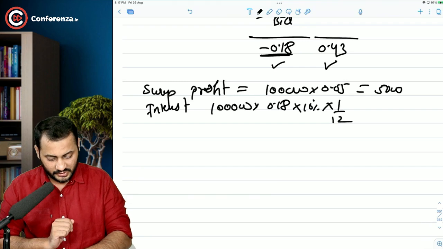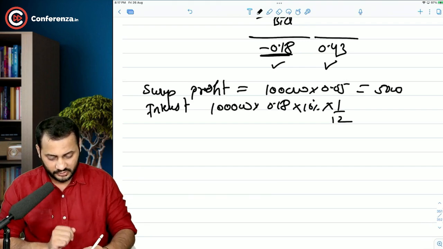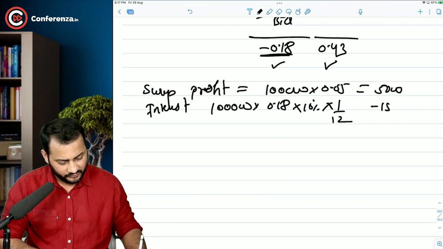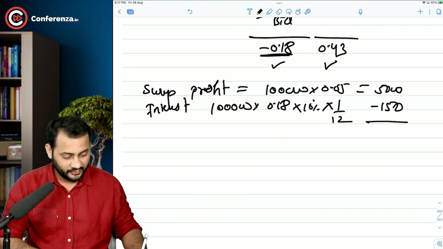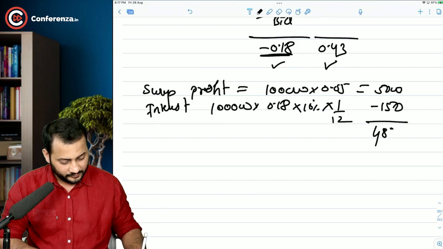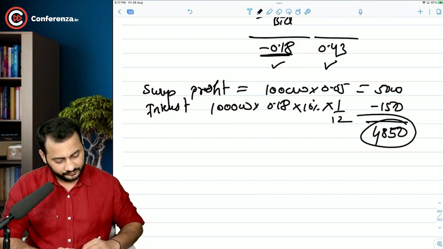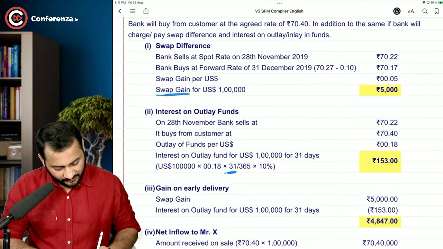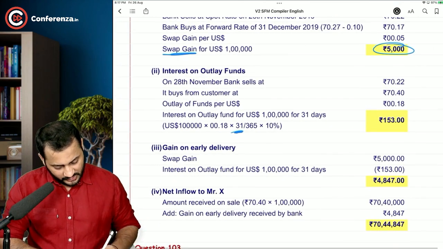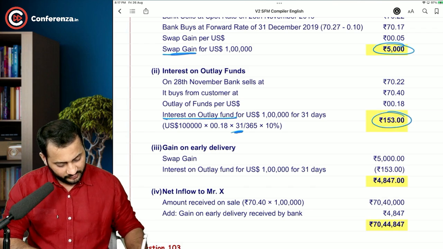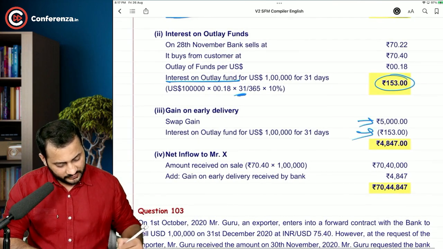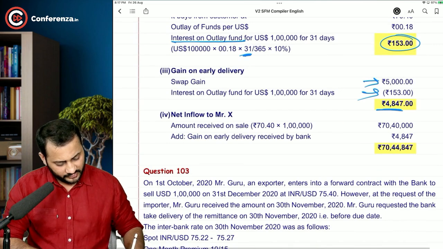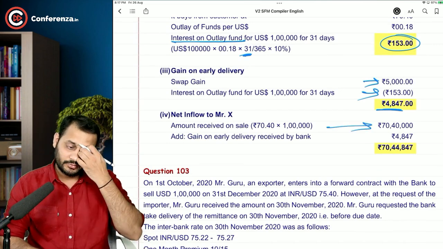So 1 lakh into 0.18 into 10% divided by 2. So that 150 rupees of the interest will be deducted out of the profit to be given to them. Have a look. 5,000 swap gain. Interest on outlay 153. So 5,000 minus 153, 4847 to be adjusted with the original amount of sale.